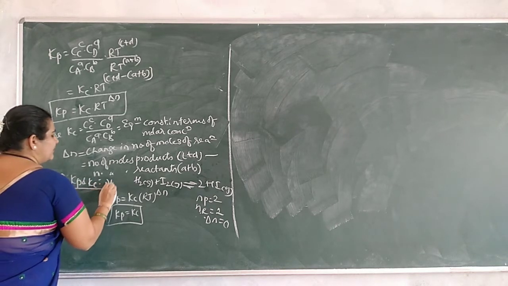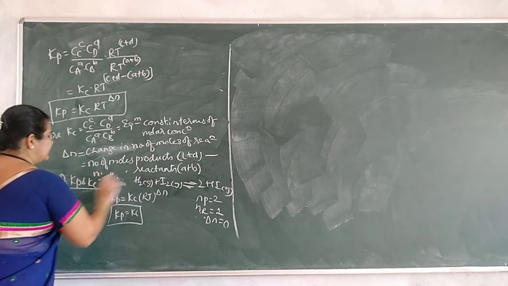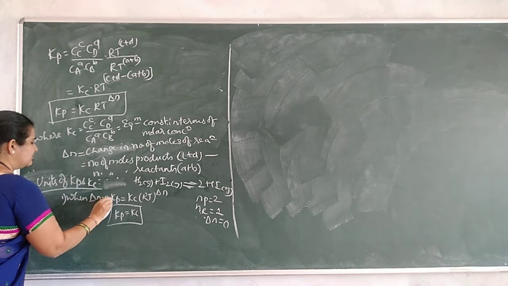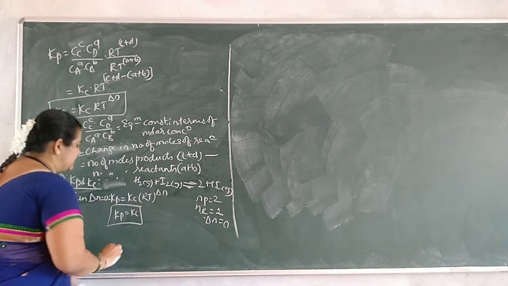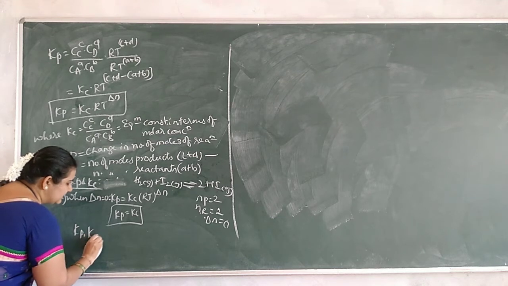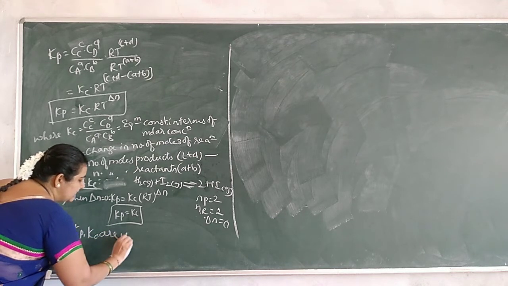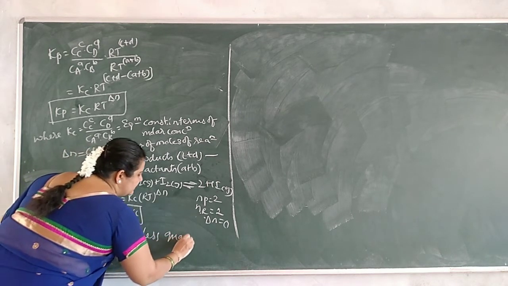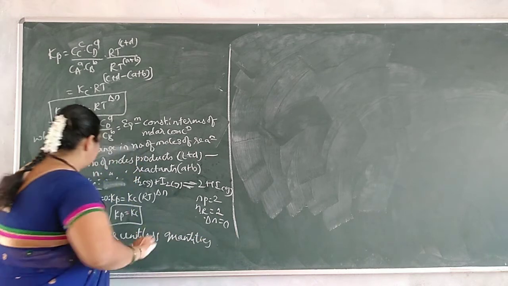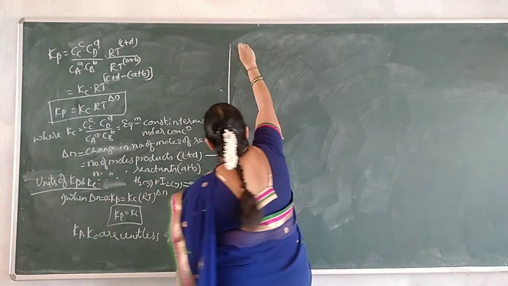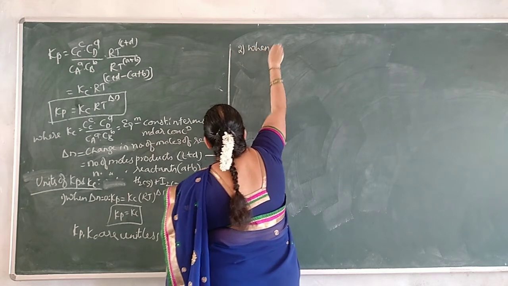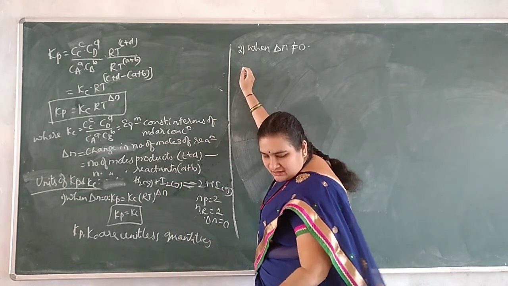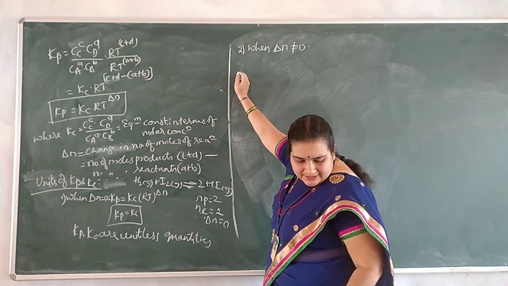First one, when delta N is equal to 0: Kp is equal to Kc, so Kp and Kc are unitless or dimensionless quantities. Second case, when delta N is not equal to 0.